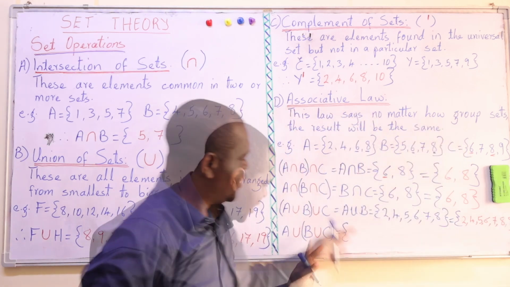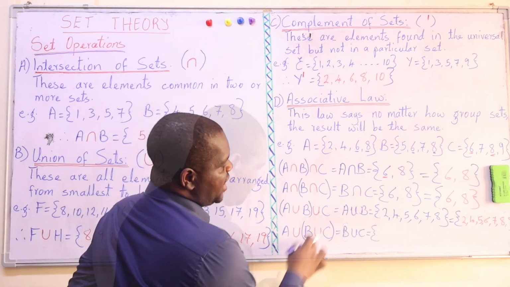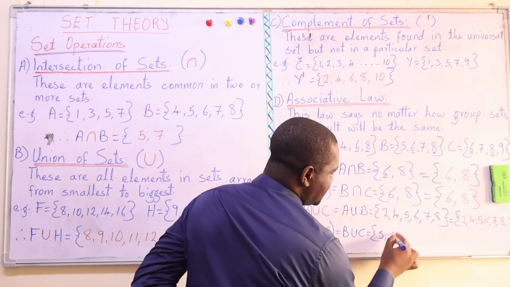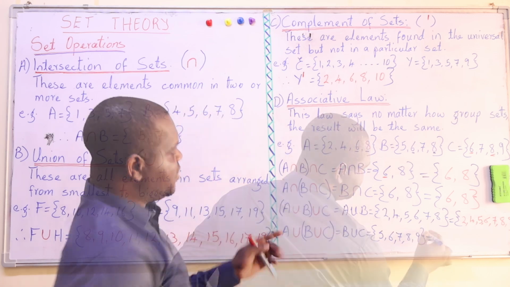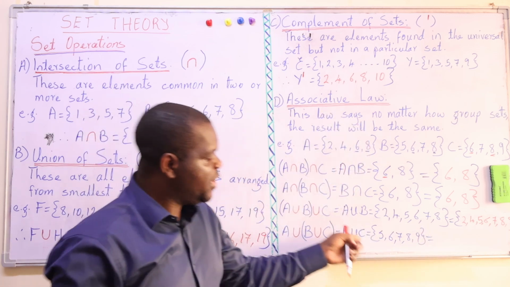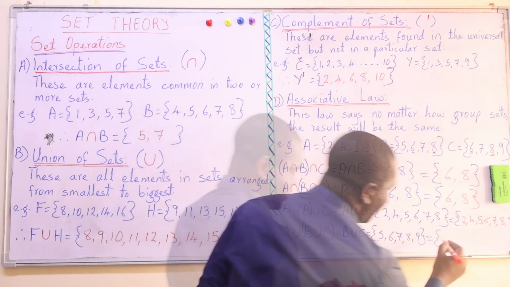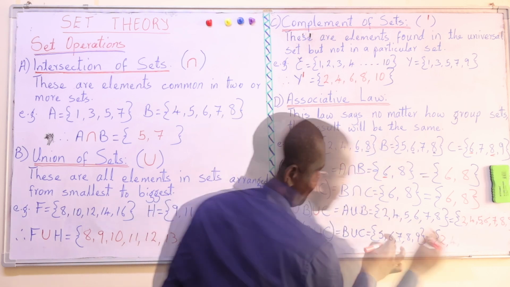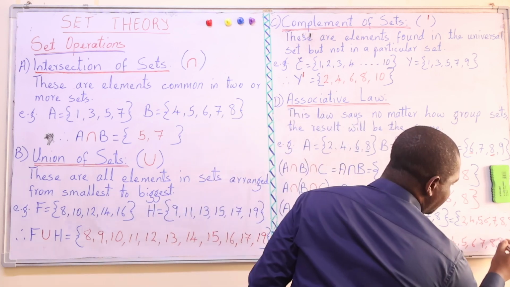Take note of this. Let us solve the last one. We first of all do B union C. In B and in C, we have the list 5, 6, 7, 8, and we have 9. Let us join set B union C with set A. Starting with the least, you have 2, which is in A. You have 4, 5, which is in this set, 6, 7, 8, and 9.